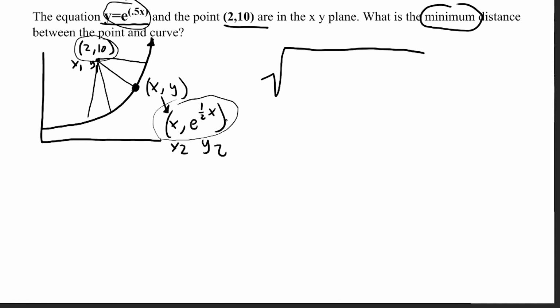So x2, which is x, minus x1, which is 2, and so this is squared, plus, and then y2 is going to be e to the 1/2 x minus y1, which is 10, and this is going to be squared, right?